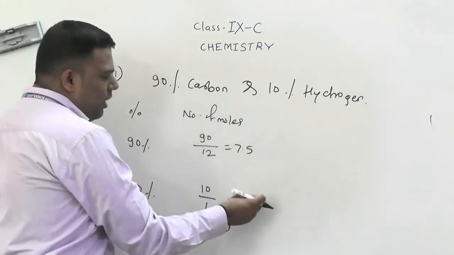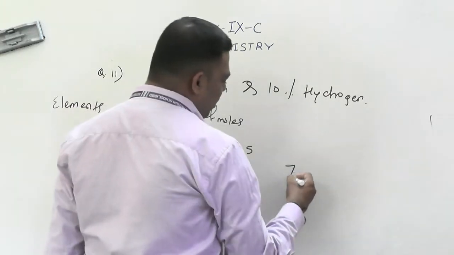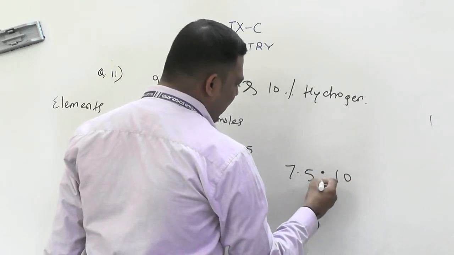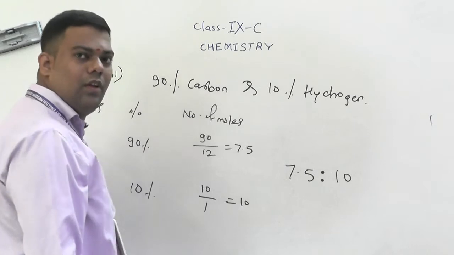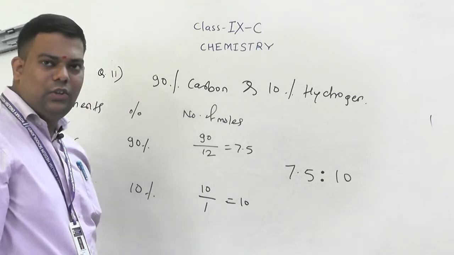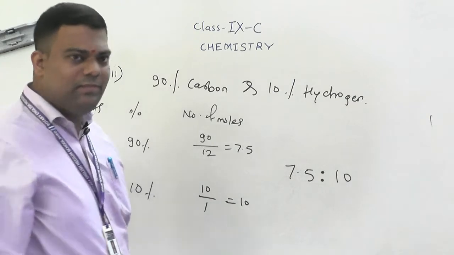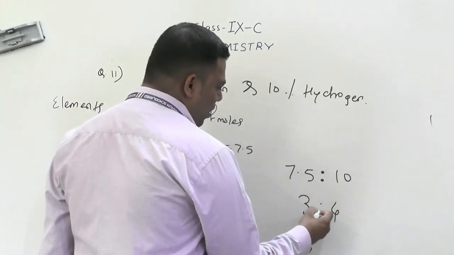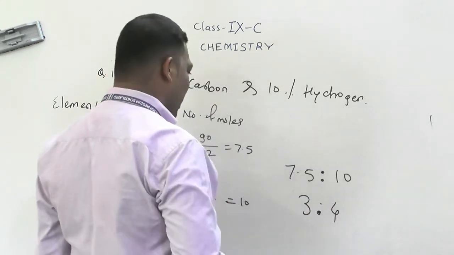So see this ratio 7.5 and 10. We can calculate like this also, 7.5 to 10. So how much ratio will it come? Yes, 3 to 4, understood? So carbon and hydrogen what?